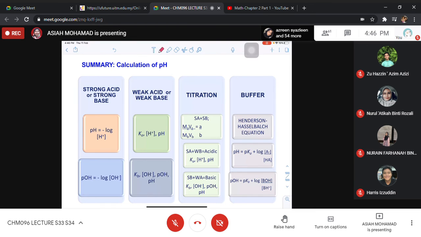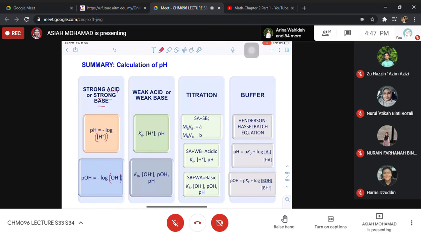For strong acid and strong base, to calculate pH you can get it directly. The concentration of H3O plus or OH minus comes directly from the acid and base species. So the concentration of H3O plus is the same as the concentration of acid, and the concentration of OH minus is the same as the concentration of base.